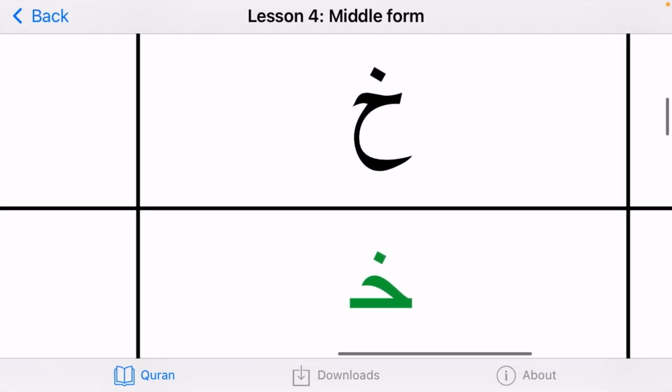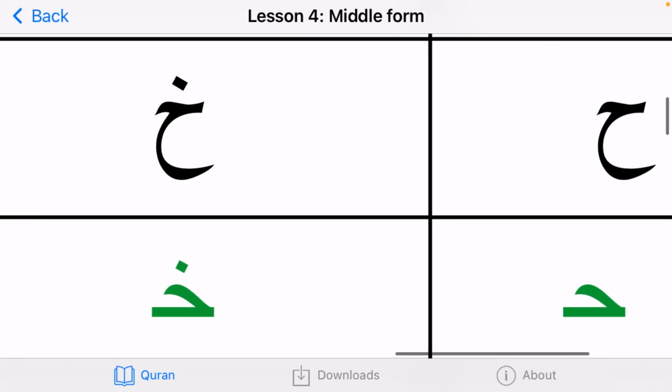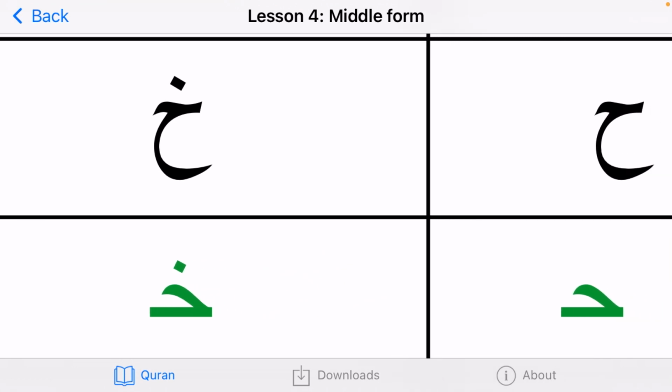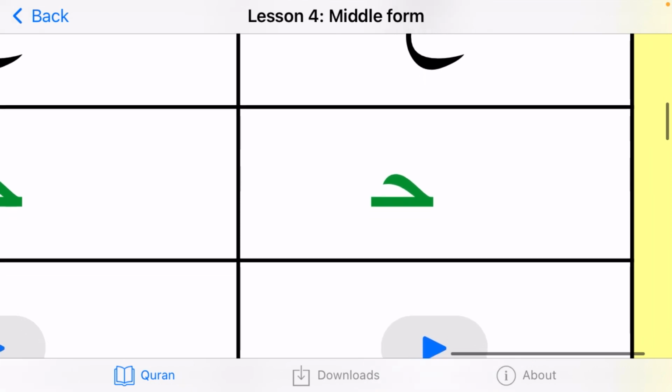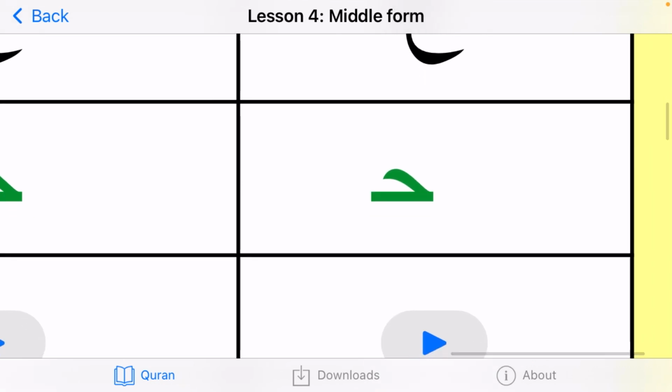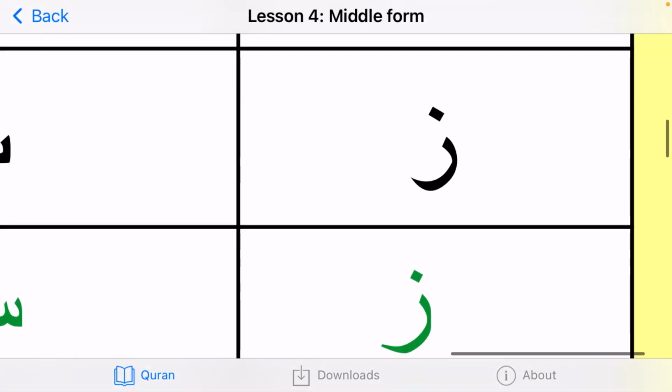Kha, as I said, and Ha and Jim, all of them look the same as the initial form. The only difference is that the middle form of Ha, Jim and Kha have a line that comes into the letter and also a line that goes outside the letter, if that makes sense. But inshallah, when I show you the picture at the end of the video, it will all make sense, inshallah.